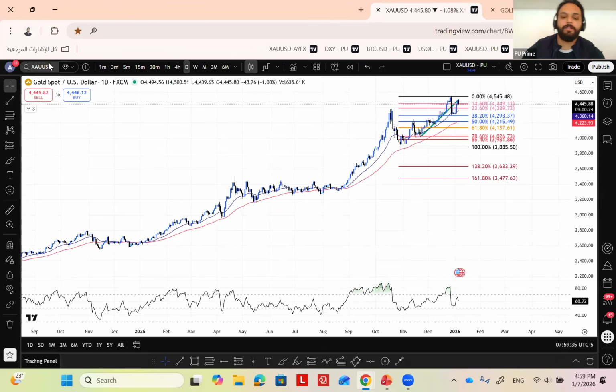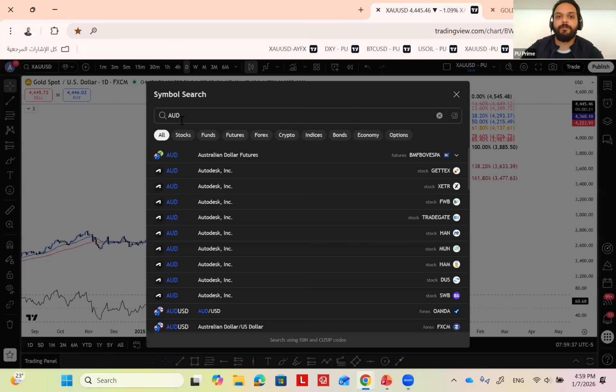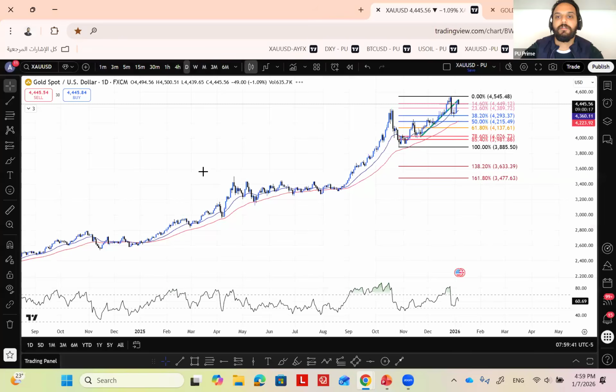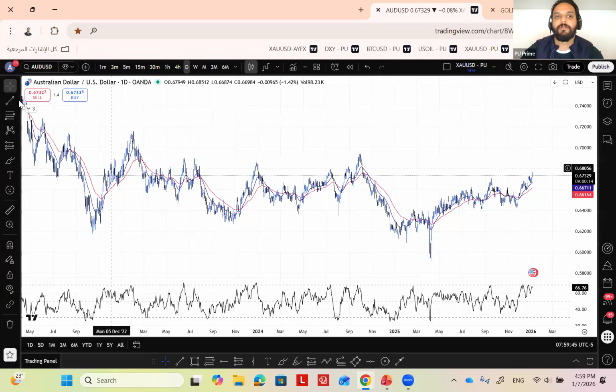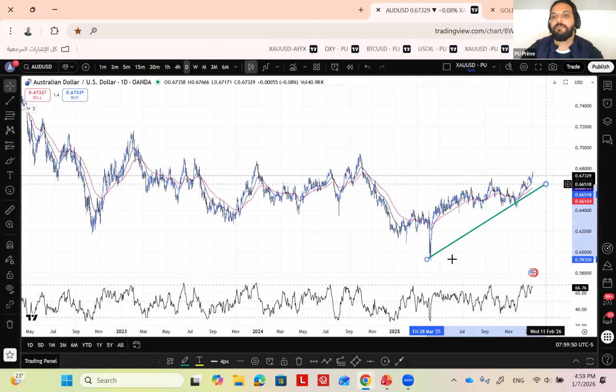Now, let's check the Australian dollar, AUD USD. It is also going up, so they are following each other. AUD is following the gold. If the gold is going up, AUD is going to go up. If the gold is going down, AUD is going to go down.